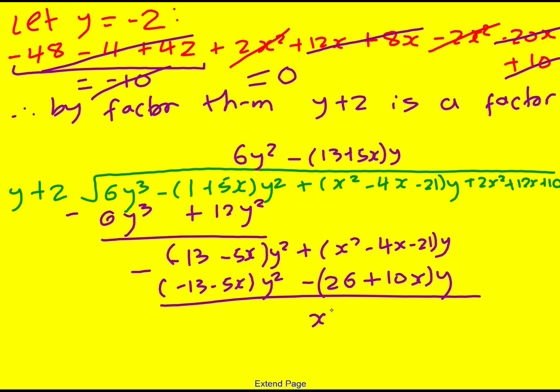I'm going to be left with x squared, then I've got minus 4x minus minus, that's actually going to become x squared plus 6x. And then I've got minus 21 minus minus 26. Actually, that's going to become plus 5, lots of y. Oh, okay.